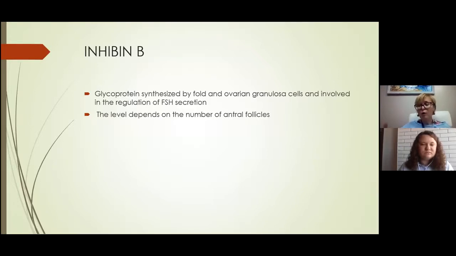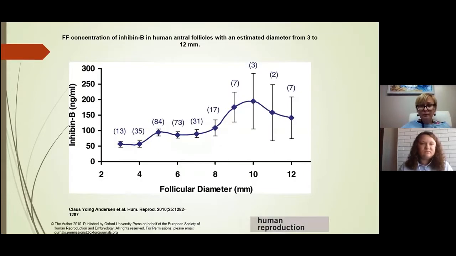So the lower the inhibin B, the fewer antral follicles we have. These molecules are mostly produced by follicles with a diameter from 8 to 12 millimeters, so it may be a useful tool to understand the ovarian reserve better.